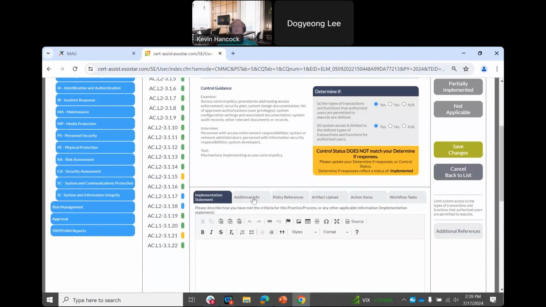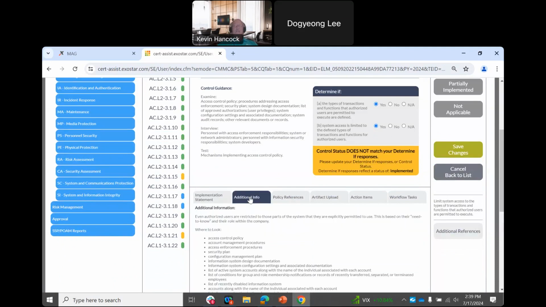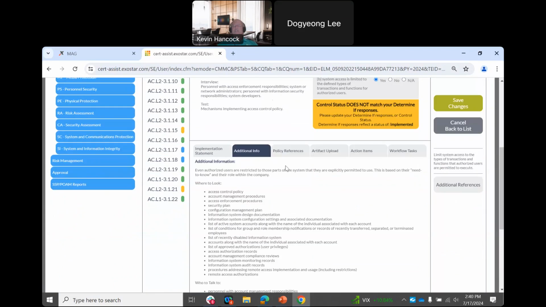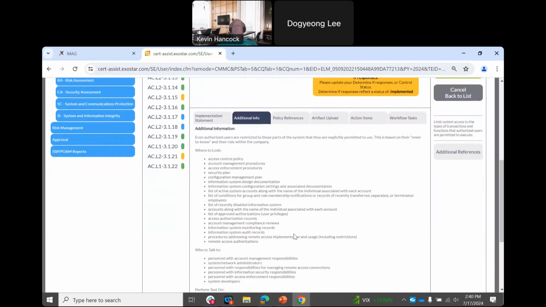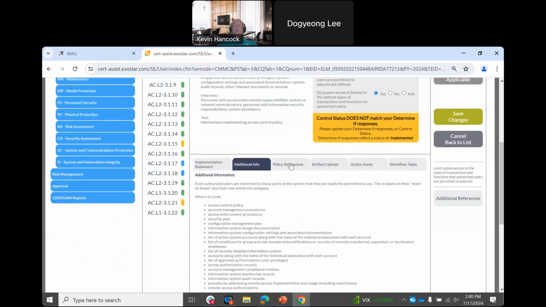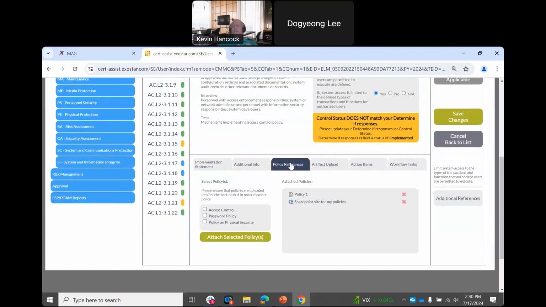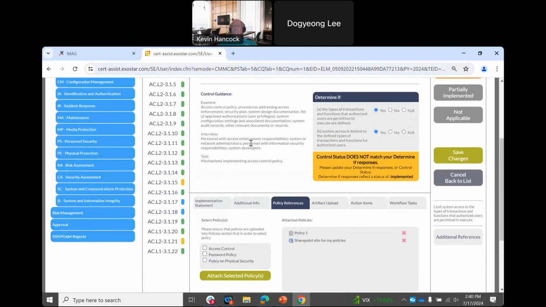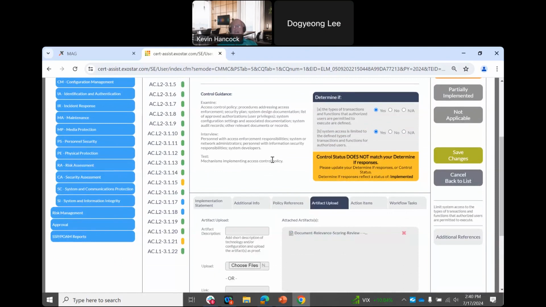What is the additional information? This is hints, if you will, additional information of where I might look to do these things. So this helps me build out that particular policy or procedure. This links to that policy library that I have over my overall controls. If I have done something for this particular control, I should have evidence that I've done that.